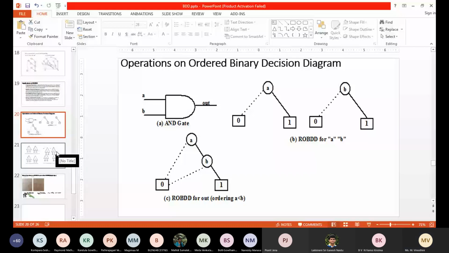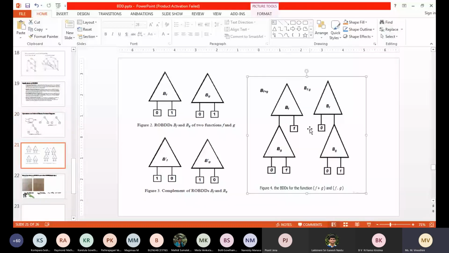Next, we can even give you two functions by drawing the ROBDDs of those two functions. You can even perform the AND operation F dot G or the OR operation F plus G. That is also possible. Assume that there are two ROBDDs of two different functions. The first function is F, the second function is G. BF is the ROBDD of the first function F, BG is the ROBDD of the second function.